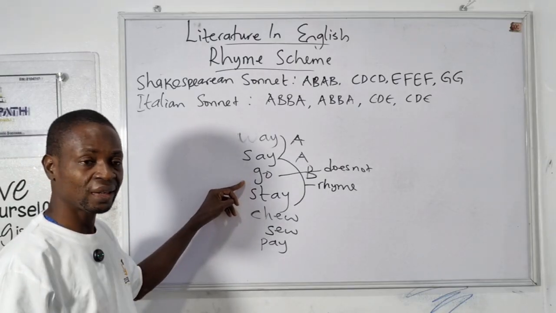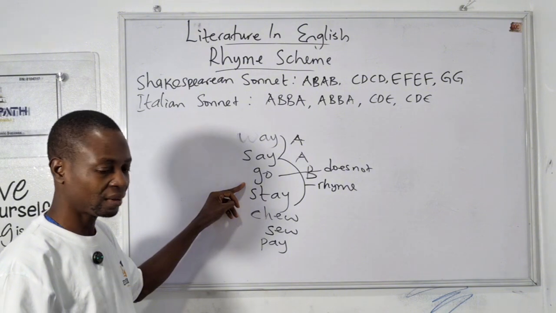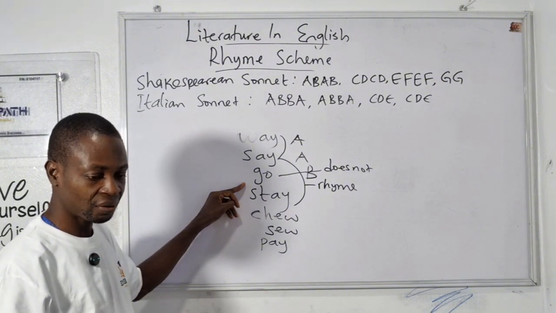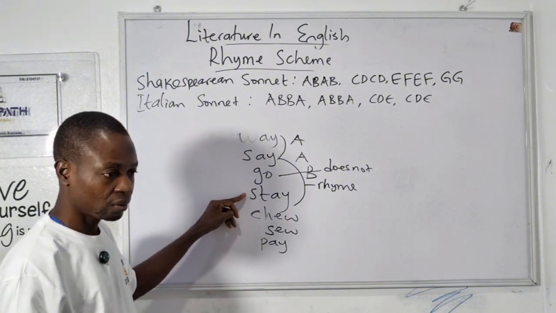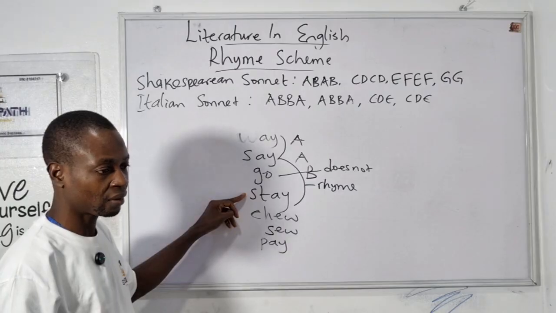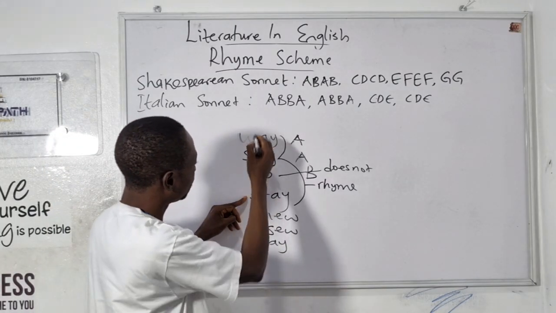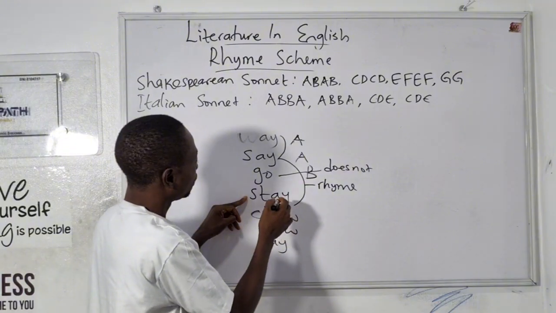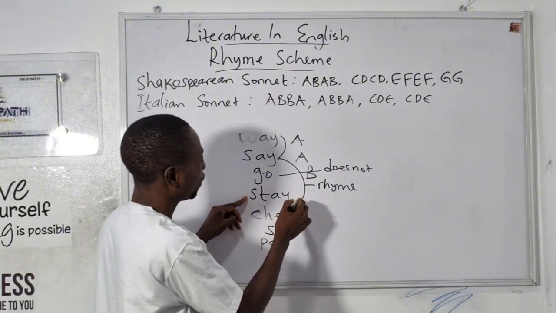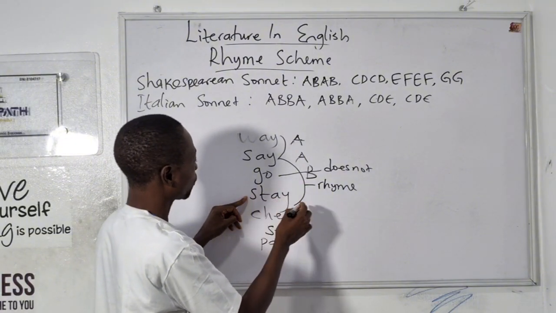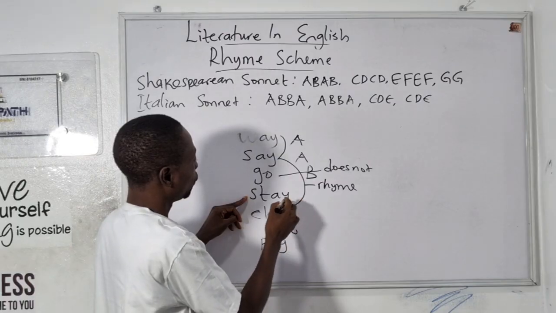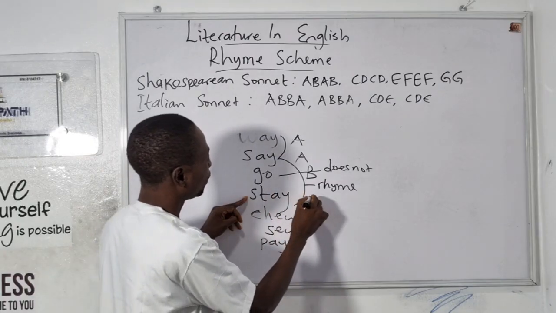Then you go to the next line of the poem. Check the end, the word ending the line. Check out the sound there, the vowel sound. This, for example, now, stay is the word ending this line. Stay. You still have A sound. You name it again.